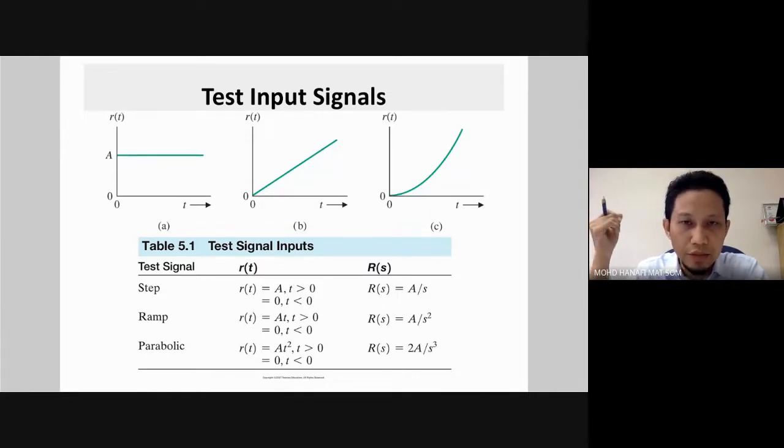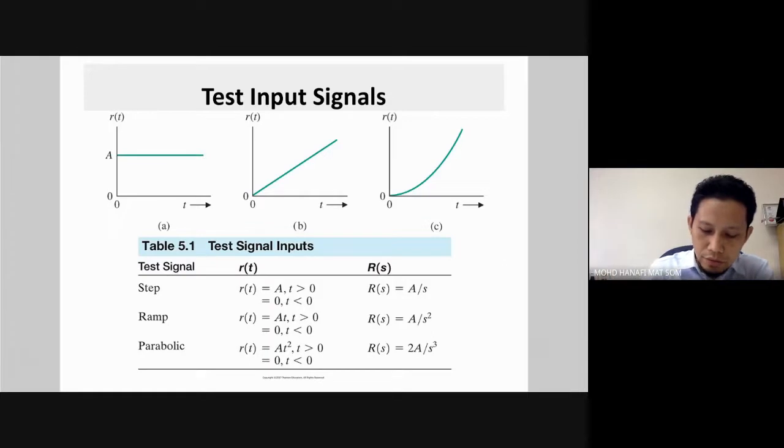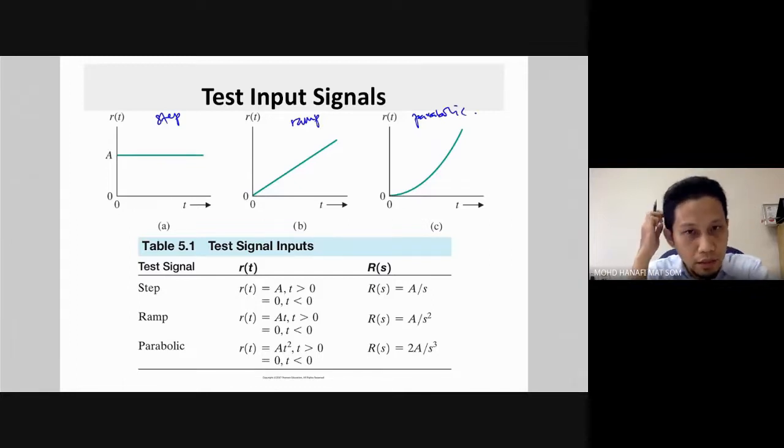The first one is the step input. The second one is the ramp, and the third one is the parabolic. Okay, so these are the test input signals: this is the step, this is the ramp, and this is the parabolic. Okay, parabolic. So this is how you should remember the test signals.